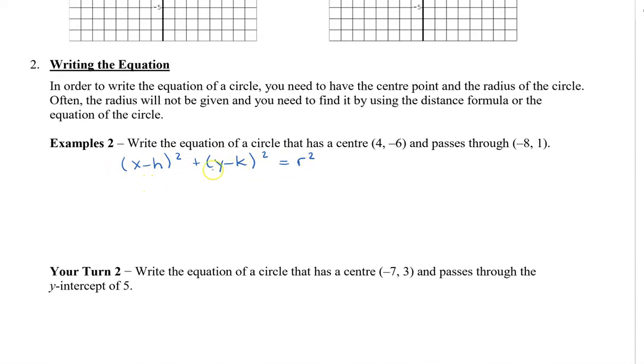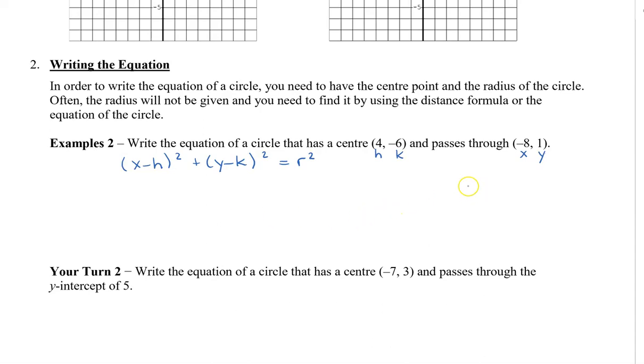All right, so we're going to label the 4 to be h and the negative 6 to be k to help us. And then the negative 8 is going to be x and our 1 will be y. So now we're going to just take these points and plug them into our equation.